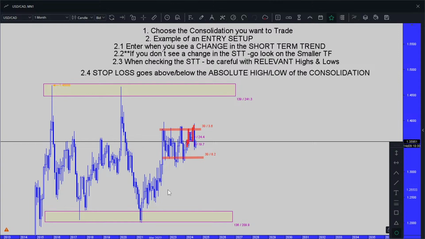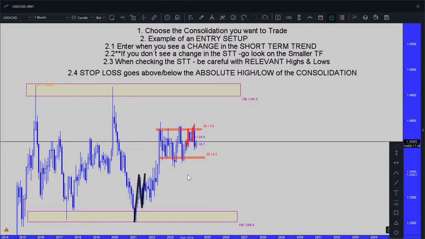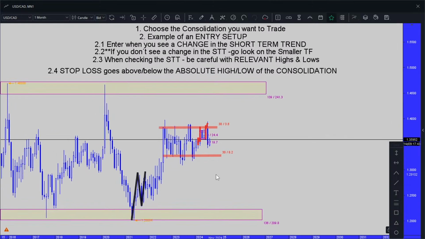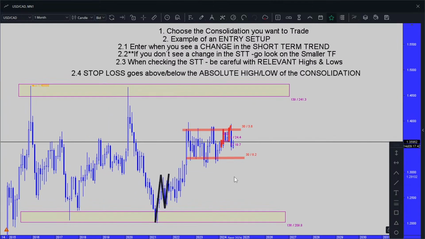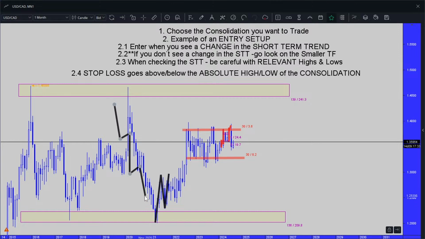Everybody, if we look at USD CAD right now, and if I connect low to high, high to low, low to high, can you see where I would enter? And even though this is not enough, because I'm not seeing a downtrend. Agreed, everybody?